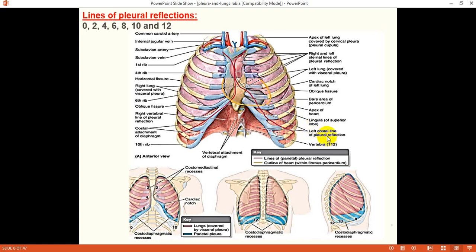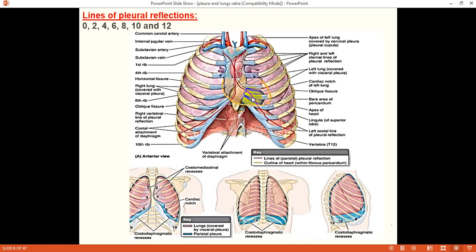We can clearly observe that the sternal lines meet in the midline, separated by a small amount of fascia, from the 2nd costal cartilage to the 4th costal cartilage, from where the left sternal line is deviated, forming this notch.